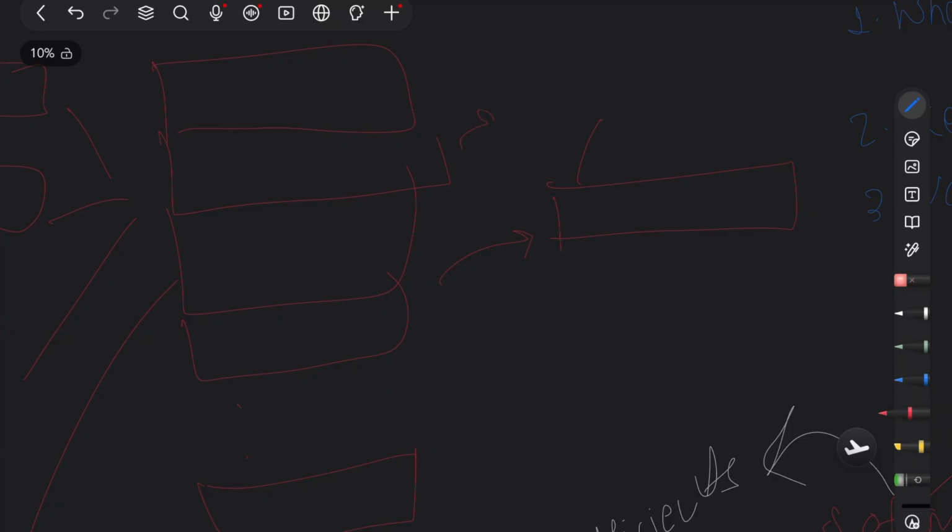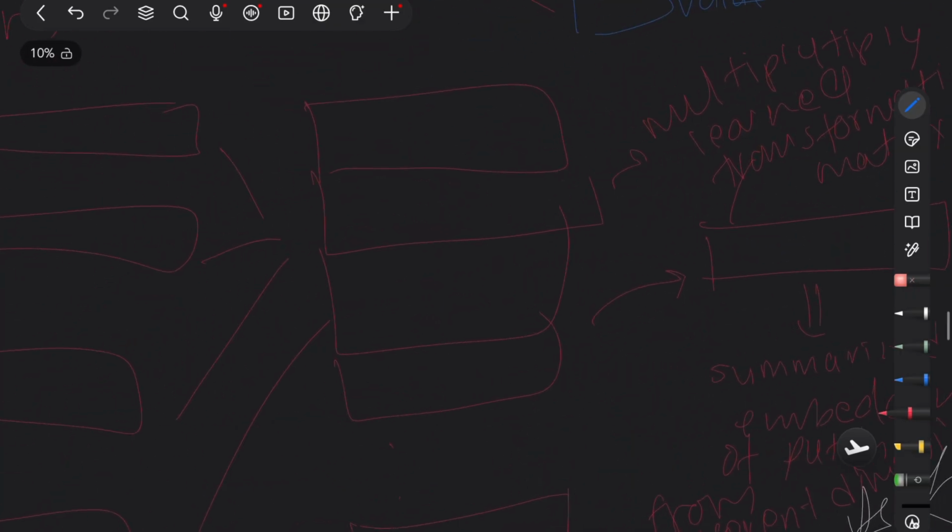We multiply it with the learned transformation matrix. So what would this be? This would be the summarized embedding of a patch from different dimensions. So this is the overall flow of the attention block in a vision transformer.